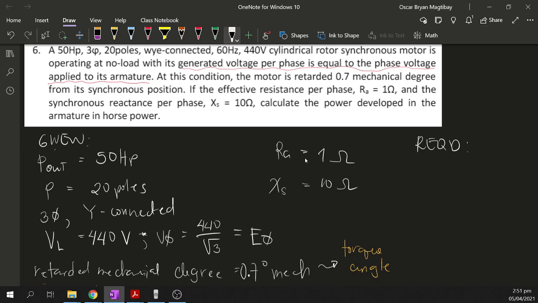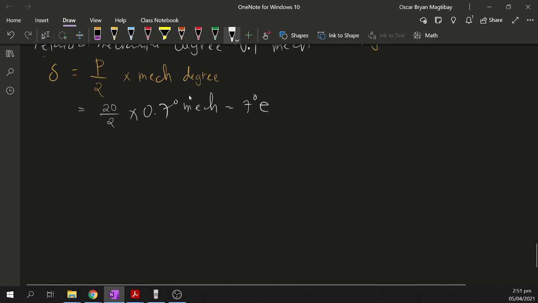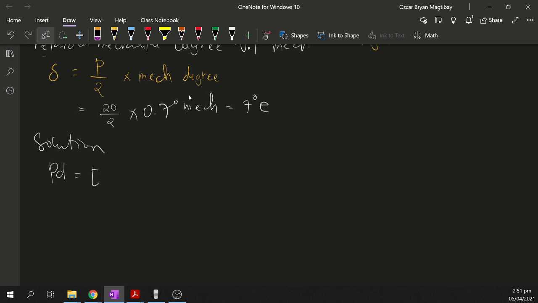The required is the power developed in horsepower. So, it is total power developed. Since meron tayong RA and XS, ang solution natin dyan, the power developed is equal to E phase IA cosine sigma plus theta.